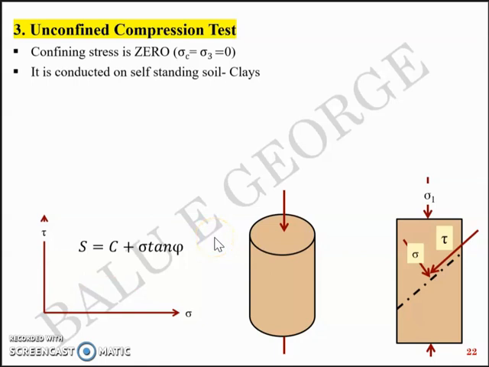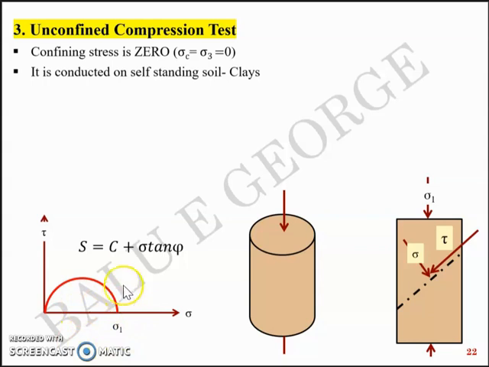Earlier your Mohr circle was like this. You had sigma 3 and sigma 1, and S equal to C plus sigma tan phi was our Mohr-Coulomb equation. Sigma 3 was the minor principal stress, but in this unconfined compression test you don't have sigma 3, so you'll have a new Mohr circle like this, where sigma 3 equal to 0 and you just have sigma 1.